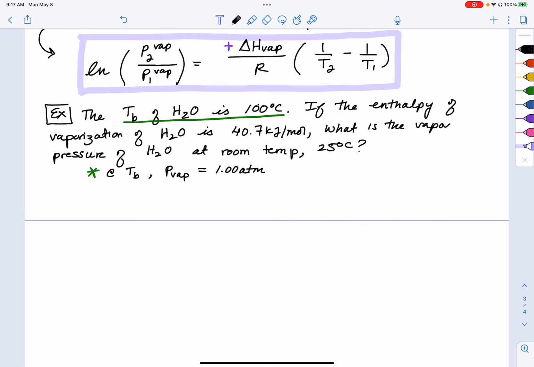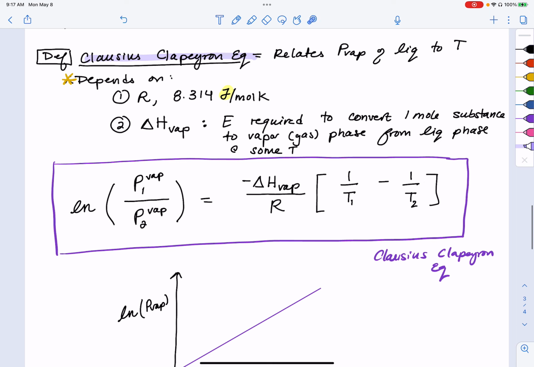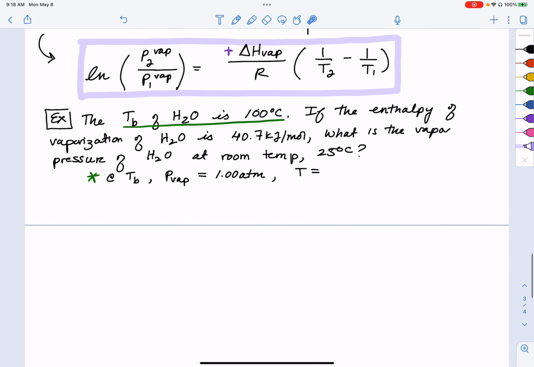And we know in this case that this occurs at 100 degrees C. However, looking back at our gas constant in the Clausius-Clapeyron equation, we need to make sure that our temperature is in Kelvin. So we are going to need to add 273.15 to 100 degrees C. So that's 100 degrees C plus 273.15 Kelvin. That equals 373.15 Kelvin.